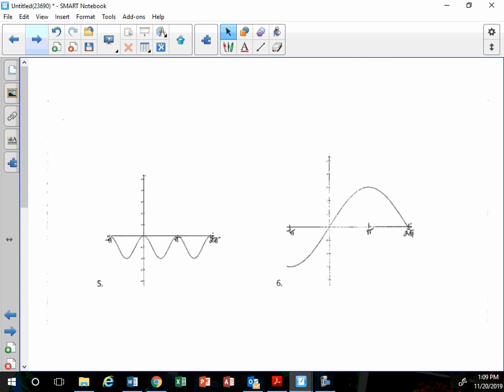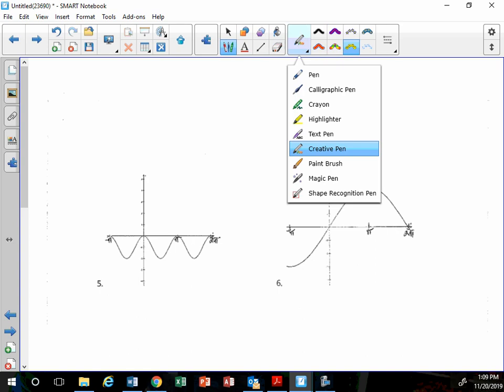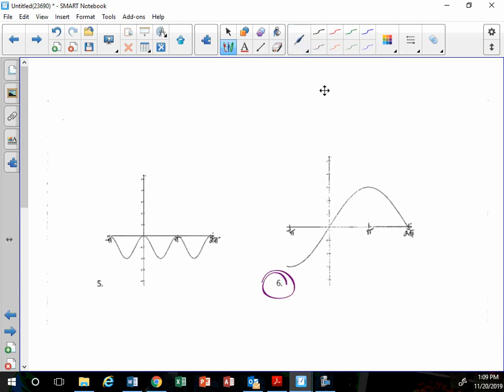Try 6 for me. Oh, that's a lot of smiley faces. There you go. Try 6. Looks like a sine, right? Write it as a sine and a cosine.